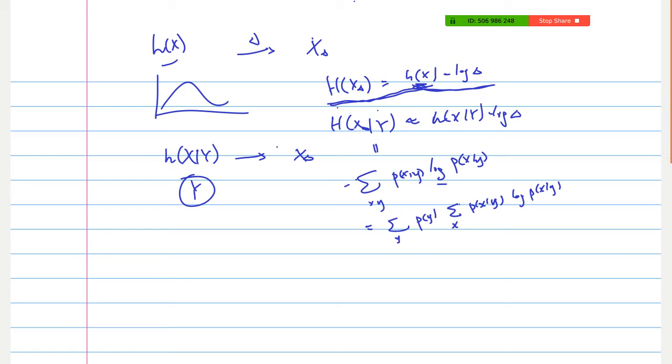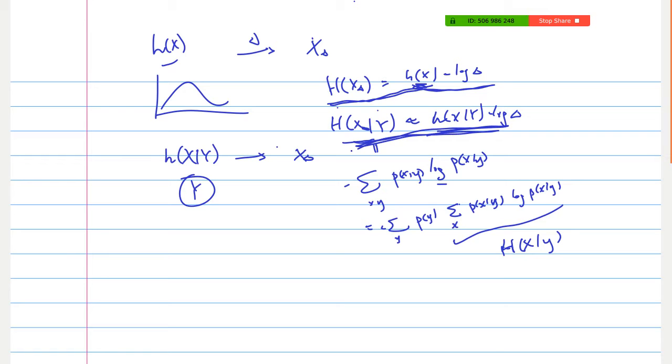Of course I have some negative sign everywhere. But this one you look at is just entropy. It's just entropy, but for different y you have a different entropy, and you're taking a weighted average of all these entropies, depending on the distribution of y.